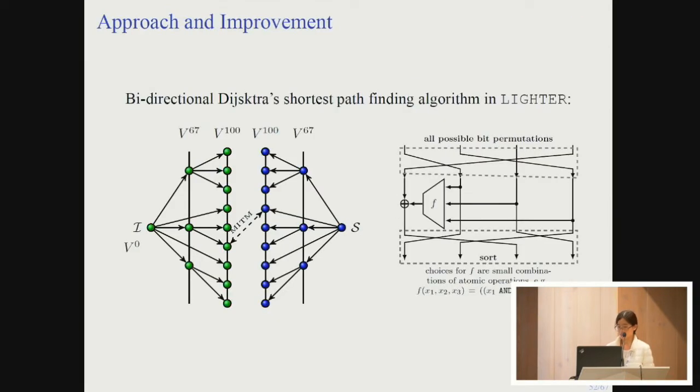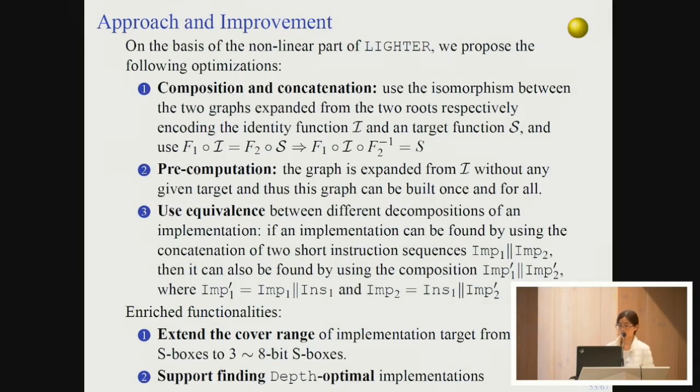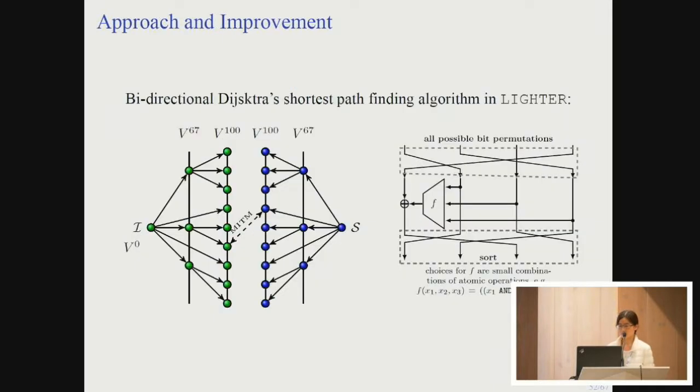Based on this approach, we propose an optimization method, because we found these two graphs are actually isomorphic. So we only need to compute one graph, which is independent of the target.